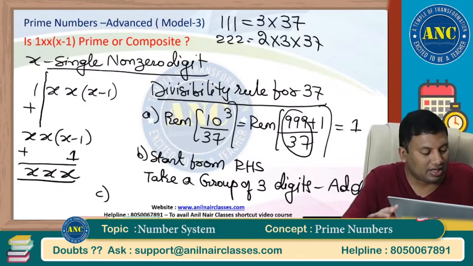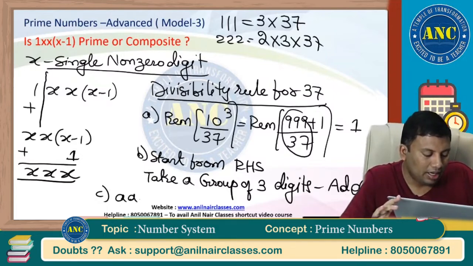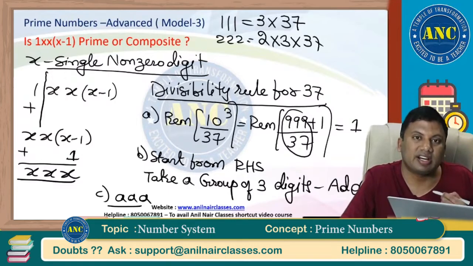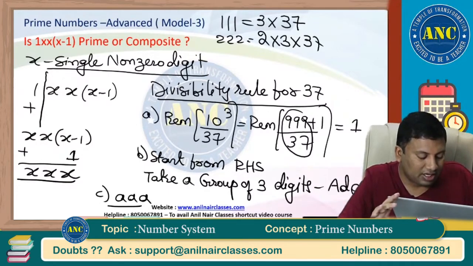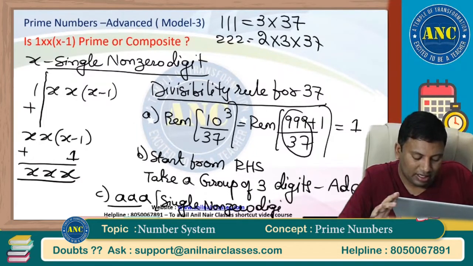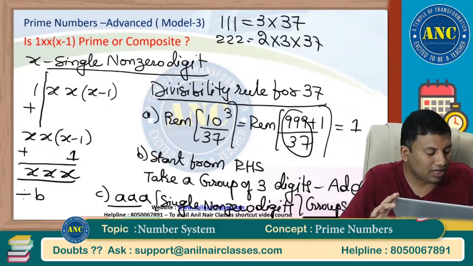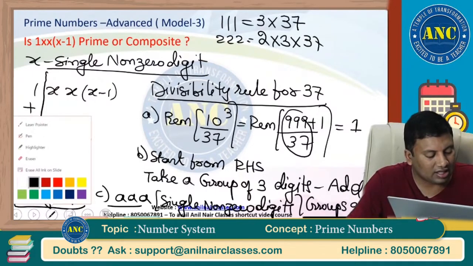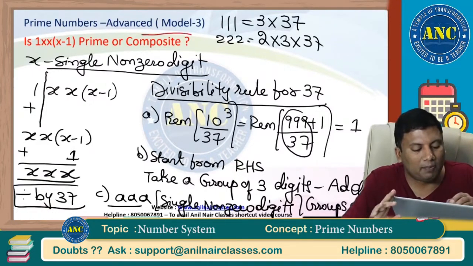Any number of the form AAA, where a single non-zero digit is written in groups of 3, is always divisible by 37. Any number divisible by 37 other than 37 itself is a composite number.